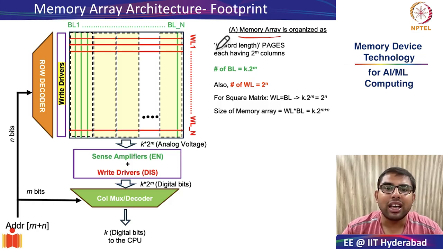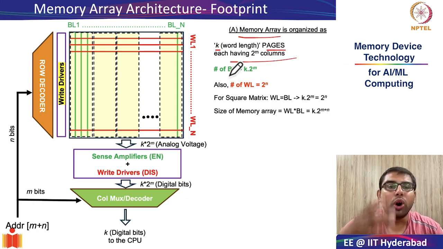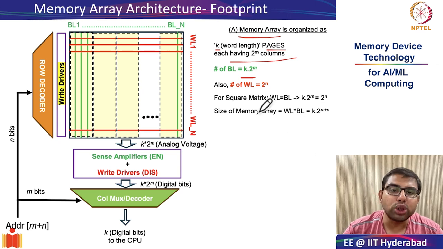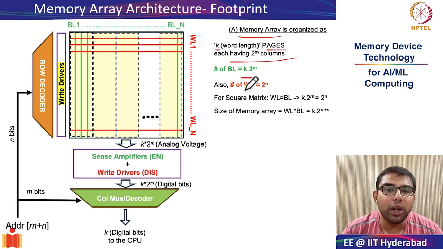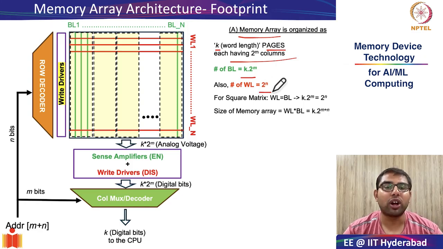And these K pages, which is the word length, each have 2^M columns. Therefore, the number of vertical bit lines from where you will finally extract one bit of data is K times 2^M. Also, we saw that the number of word lines, which is the select or enable signal to an individual memory cell, is 2^N.